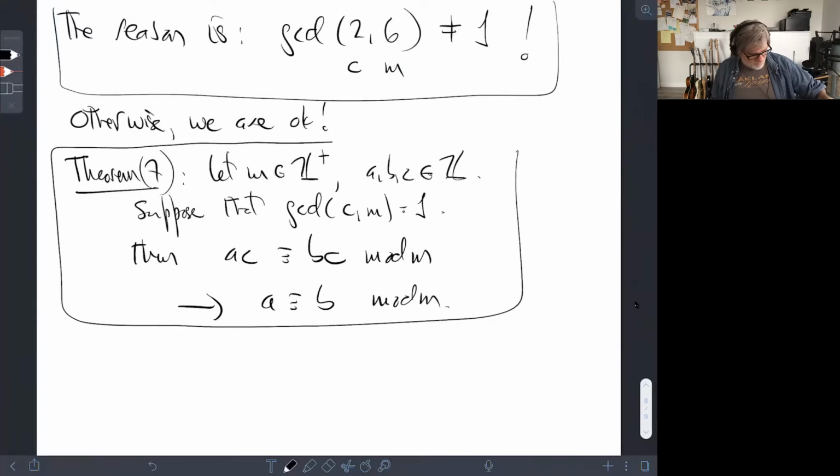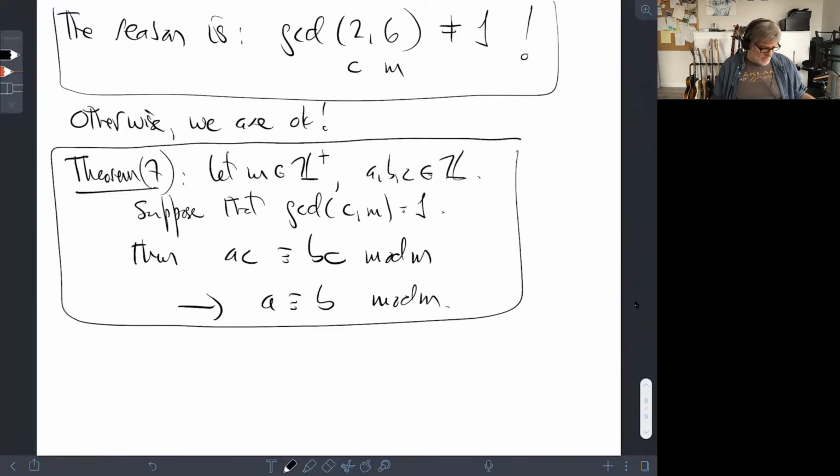So if you look at this, this is just the same as in Z, right? AC equals BC, I can cancel out the C, but the condition is different. In Z, all we need is that C is not 0. But here we need something stronger. We need that C and M have no common divisors greater than 1.